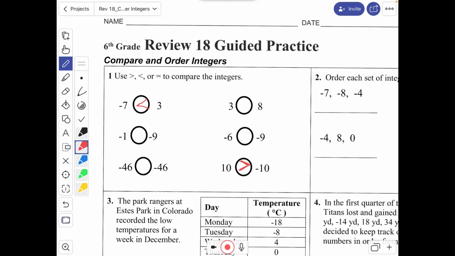Okay, we have 3 and 8. Those are both positive. 8 is definitely bigger. And then we have negative numbers, and you need to think about the number line. We would have 0 and then -1, and -9 would come way down here. -9 is more to the left, so it is smaller.